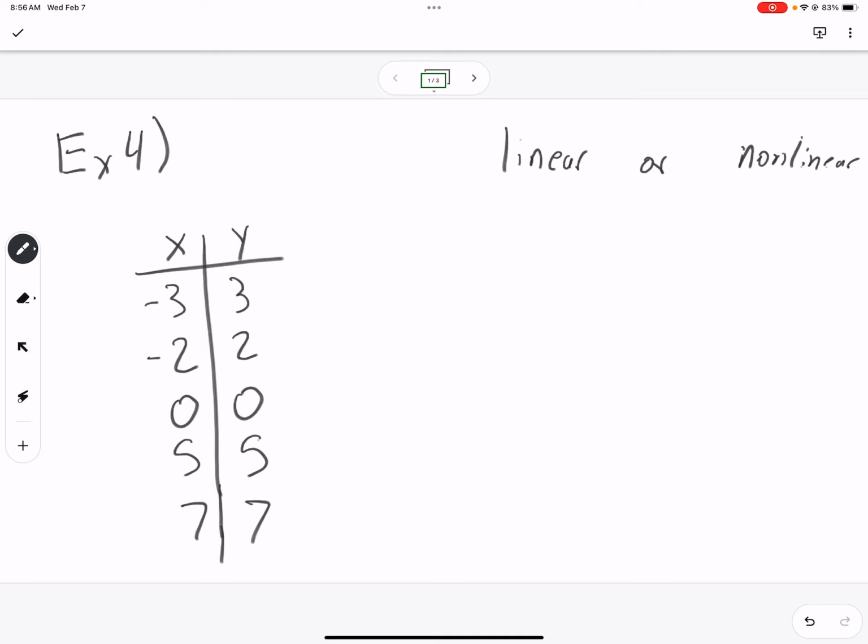Actually, no, I'm not even doing that. Don't do the 7, just do the 5s. There you go.